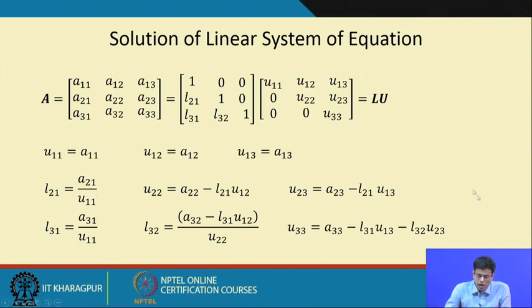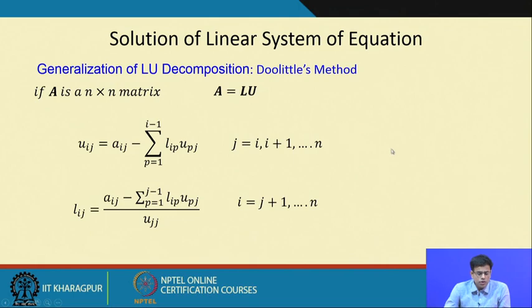Once we do this, we find all the Lij's and Uij's. This is the generalization we have seen for the 3 cross 3 matrix, which can be generalized for any dimension, meaning an n cross n matrix, and this is the formula for the generalized n cross n matrix.